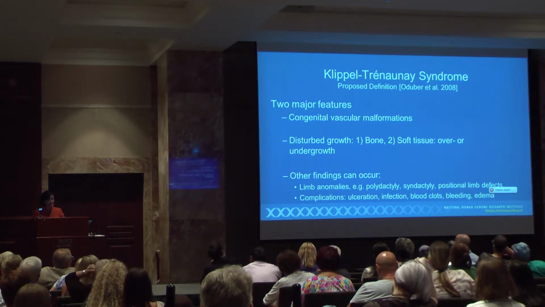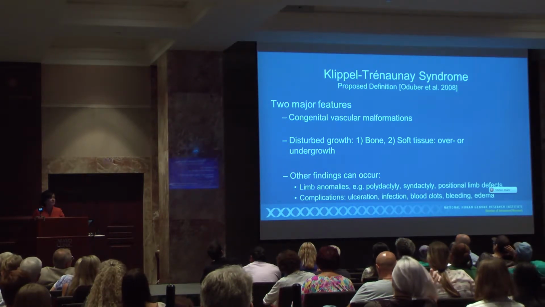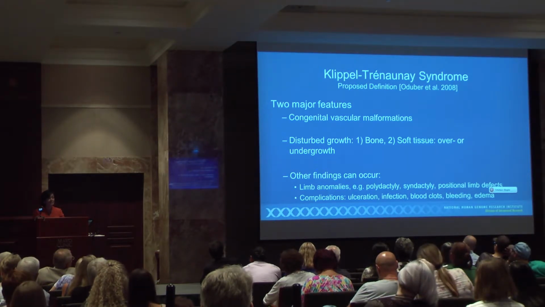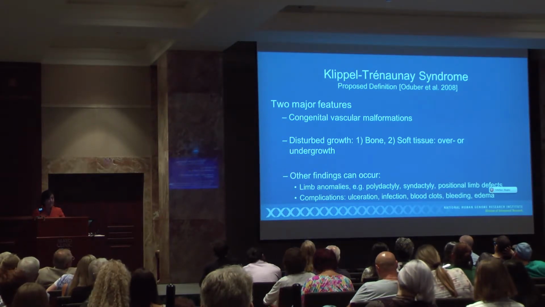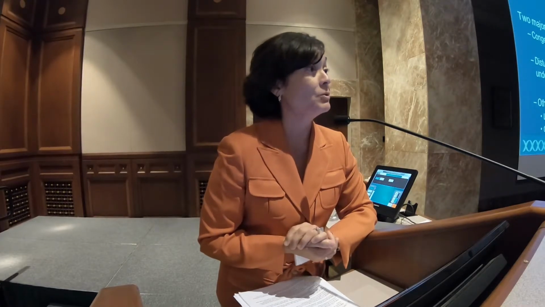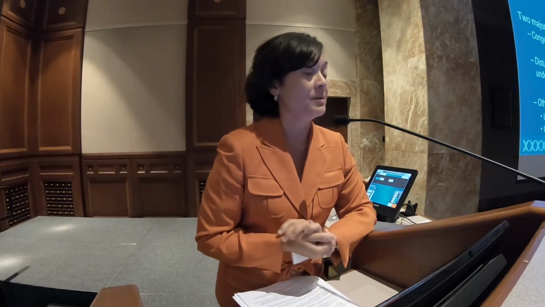So you can see that the two major features that they propose be involved are these congenital vascular malformations, the ones capillary, venous, AVMs, or lymphatic, and disturbed growth of bone and soft tissue. And I didn't mention it, I hope you saw it in that picture. We talk about overgrowth, but there are individuals who have undergrowth as well.